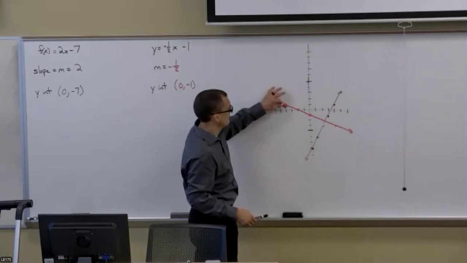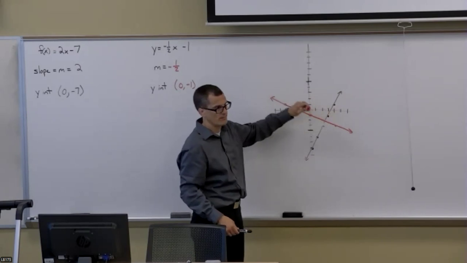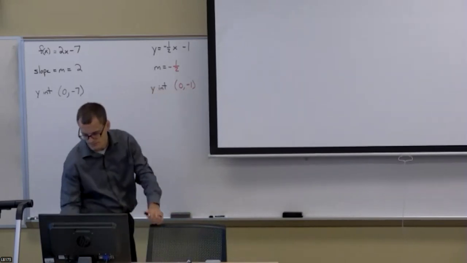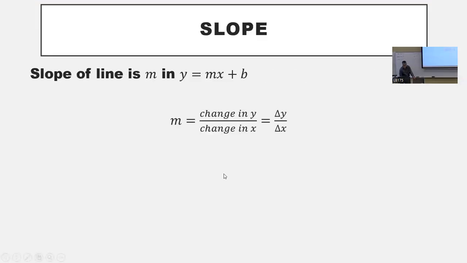Negative slope means as I move left to right, I'm moving down, so that's decreasing. So slope gives me direction. It's change in y over change in x, which, like I've said and written on the board a lot of times, we write as that triangle shape, delta y divided by delta x.